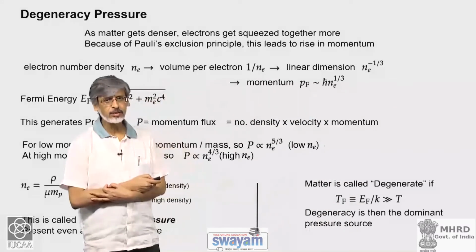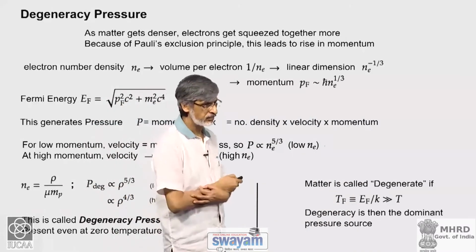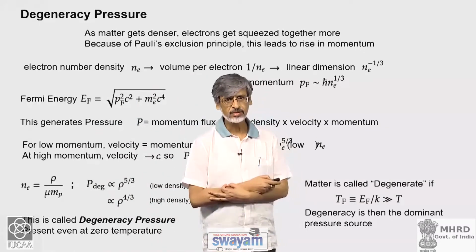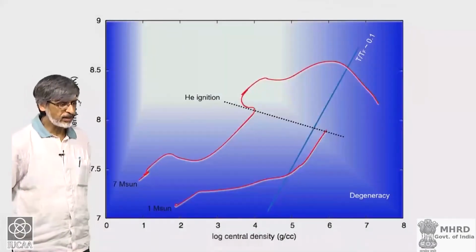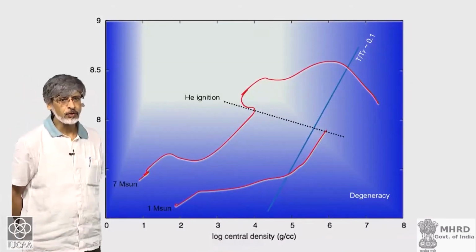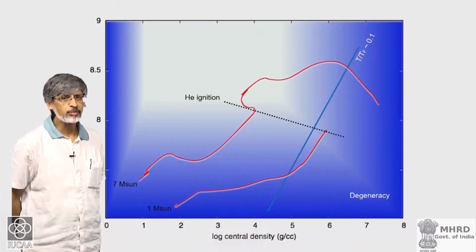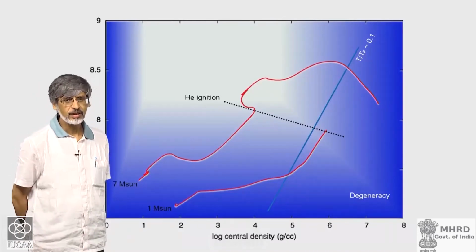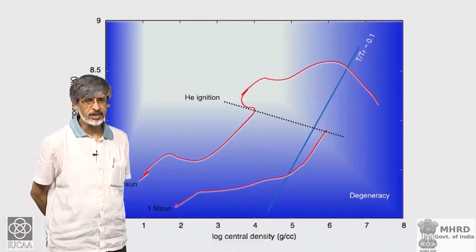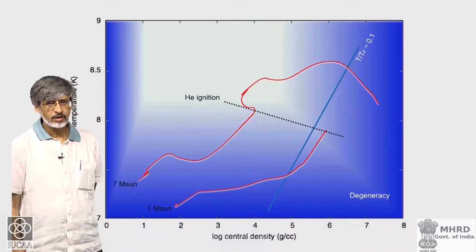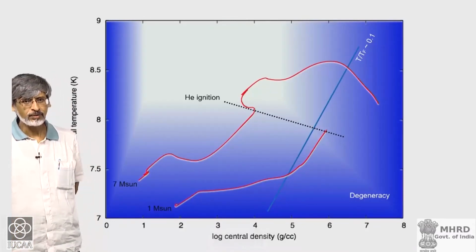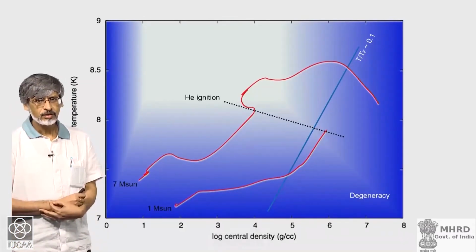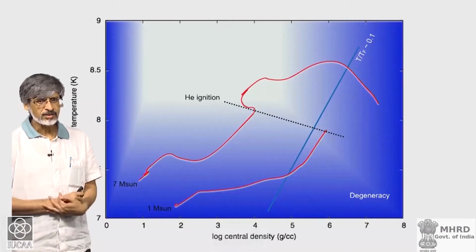Now, how does this degeneracy pressure affect the structure and evolution of stars? In this figure we try to illustrate the role that electron degeneracy pressure plays in controlling the fate of the stages of nuclear burning. What we plot here is a set of evolutionary tracks for two different stars.